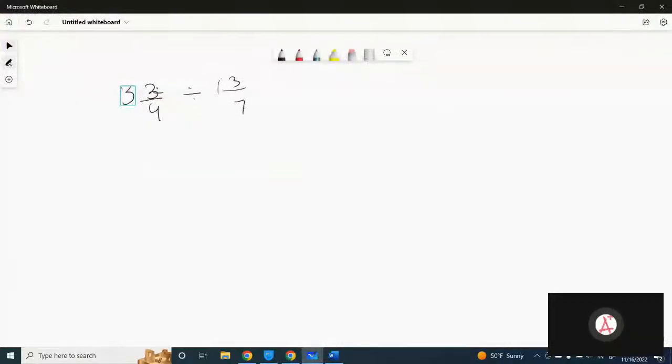Okay, just convert them to improper fraction. It would be 4 times 3 plus 3 over 4. Then you have 7 times 1 and plus 3 over 7.